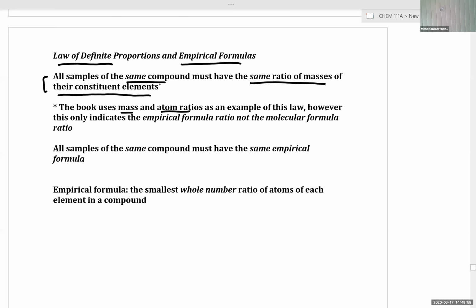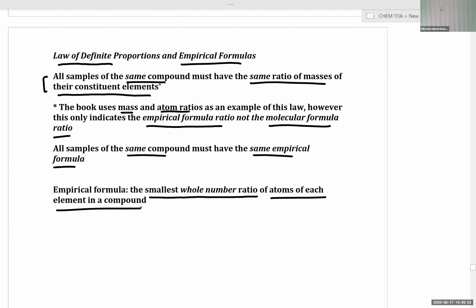However, this is only indicating the empirical formula ratio, not the molecular formula ratio. So what the law of definite proportions is saying is that all samples of the same compound have the same empirical formula, where the empirical formula is the smallest whole number ratio of atoms of each element in the compound.